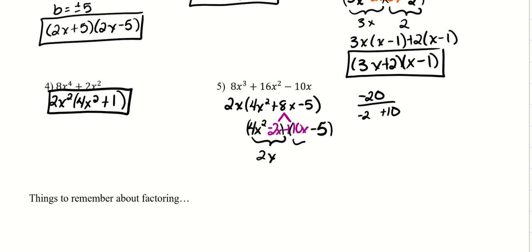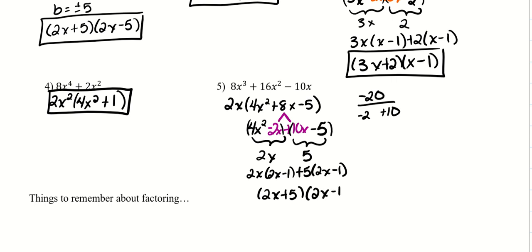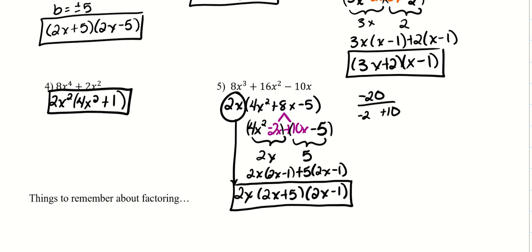I get 2x, and this one will be 5. So I have 2x times 2x minus 1 plus 5 times 2x minus 1. If I put my multiples together here, I get 2x plus 5, 2x minus 1. I can't forget about the factor that I already brought out, so I'm going to bring down my 2x in front of my two factors.